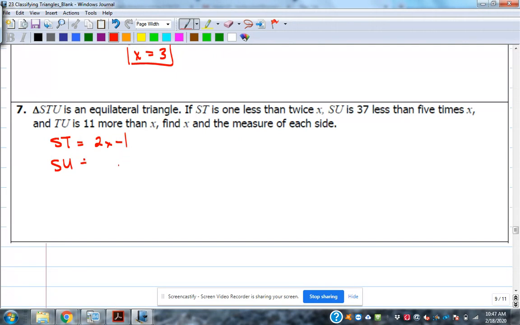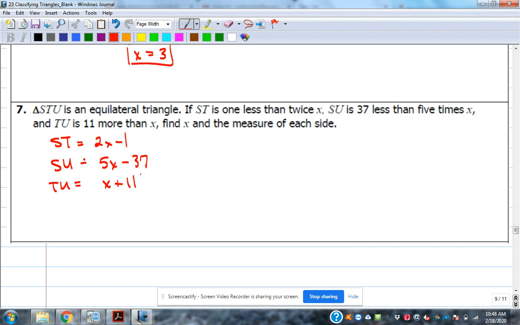SU would be, and then TU. Yeah, 11 plus x or x plus 11. Doesn't matter either way there. And then pick your poison as far as setting them up to solve for x.